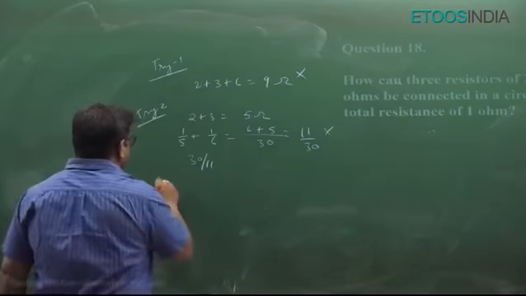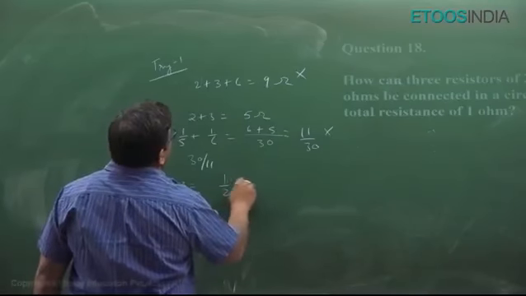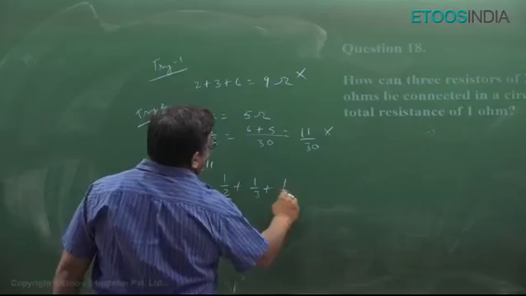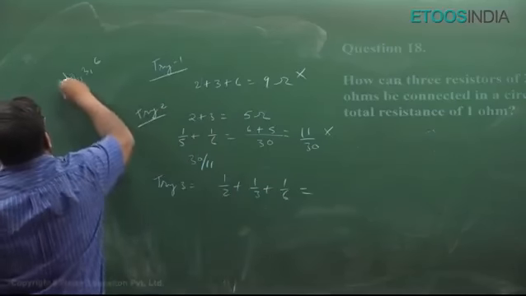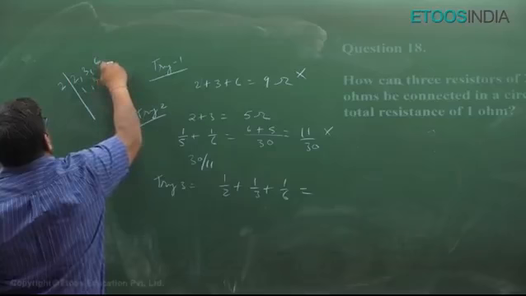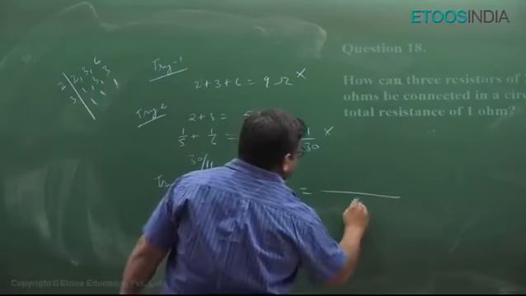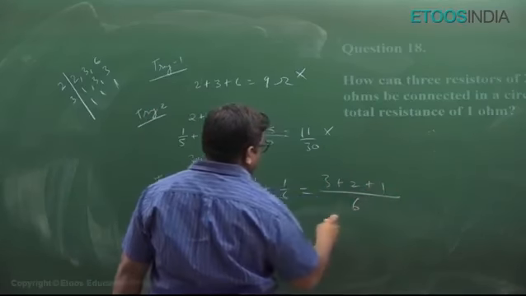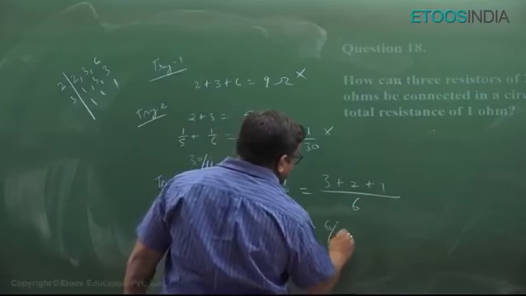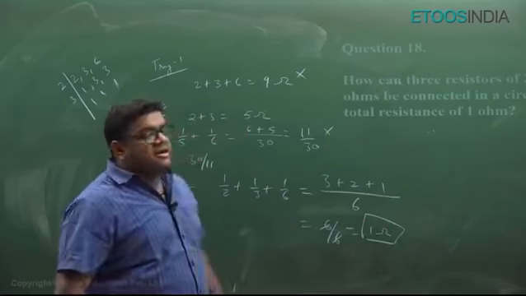So let's see. It's 1 by 2 plus 1 by 3 plus 1 by 6. The answer will be 6 here, 3 plus 2 plus 1, and the answer is 6 by 6. Yes, and this is the equivalent resistance R.